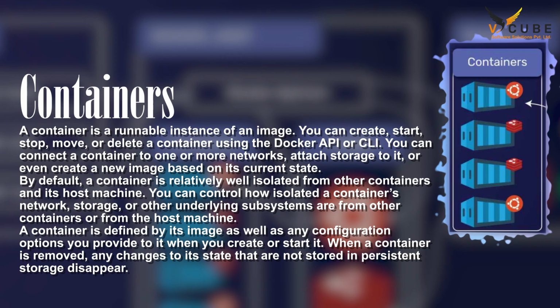A container is defined by its image as well as any configuration options you provide to it when you create or start it. When a container is removed, any changes to its state that are not stored in persistent storage disappear.